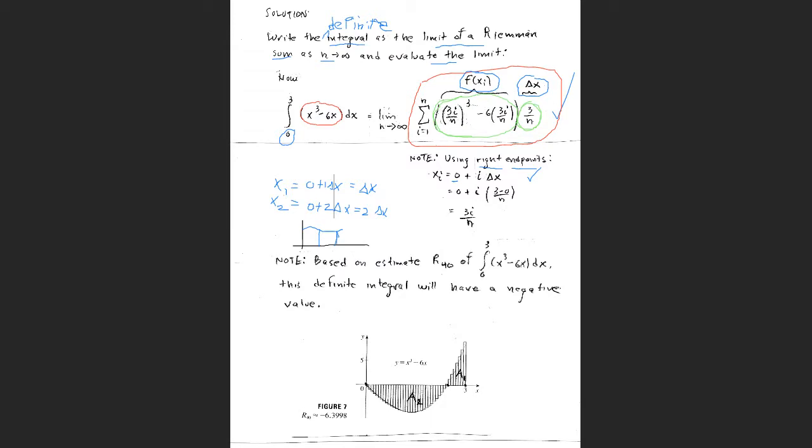The function goes from x equals 0 to, in this case, x equals 3. I'm not saying this function I've drawn is the same as this parabola. I'm just trying to help you understand why these are right endpoints.